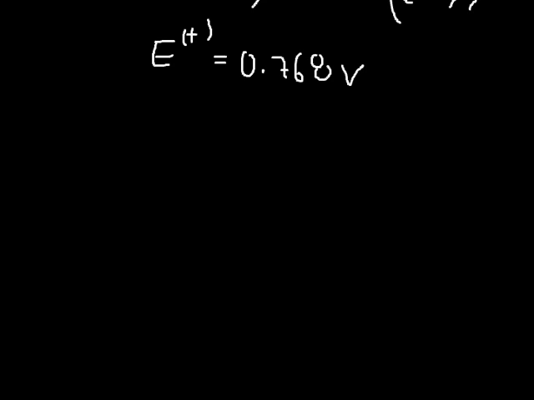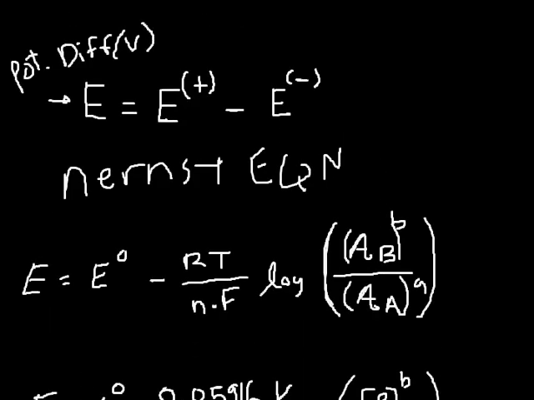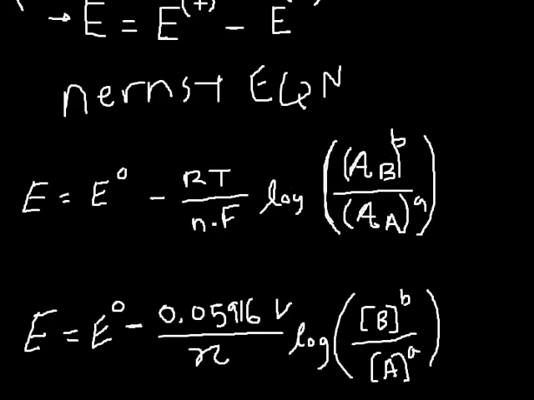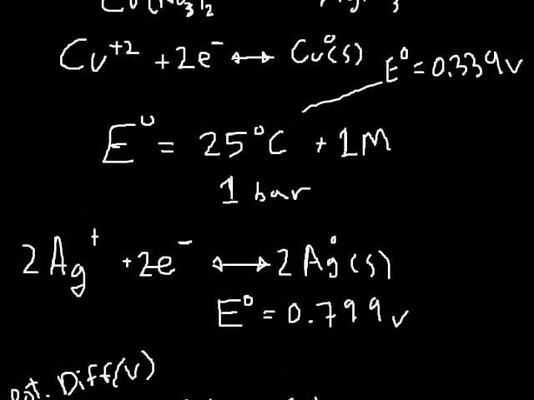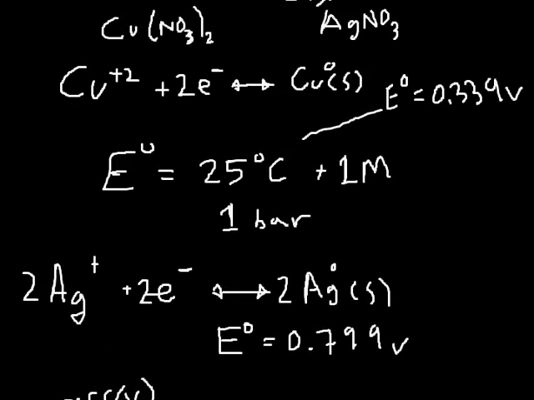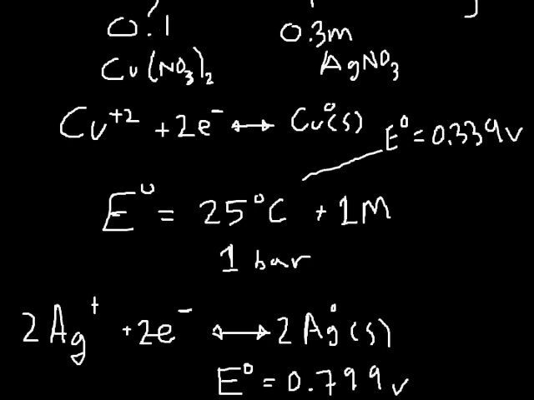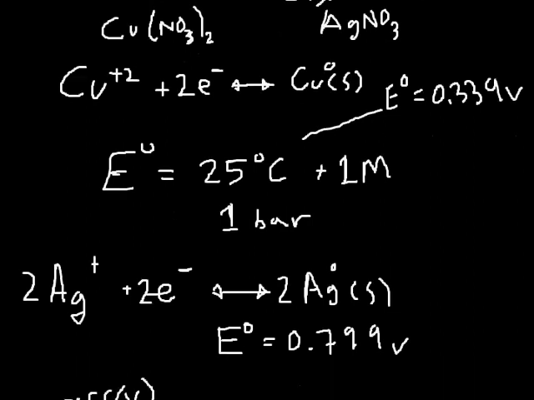For the other side of the cell, the other half cell, we're going to look at the copper, and the standard potential for copper is 0.339 volts.